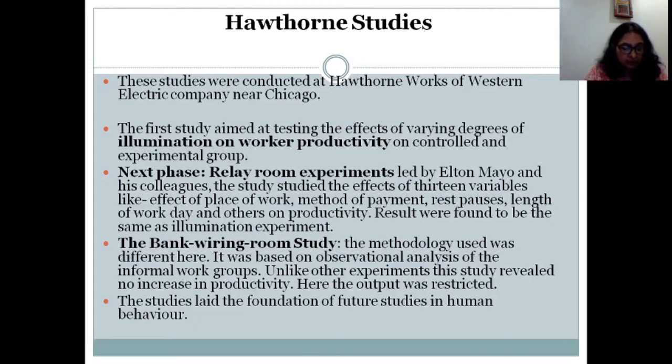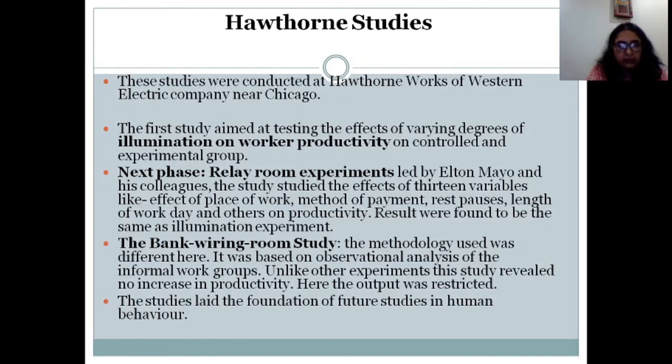So that is one cause of increased productivity. And secondly, the workers enjoyed working on a novel and interesting experiment. Now, these three variables were largely ignored initially. And these three variables, called the Hawthorne effects, had a profound impact in understanding human behavior.